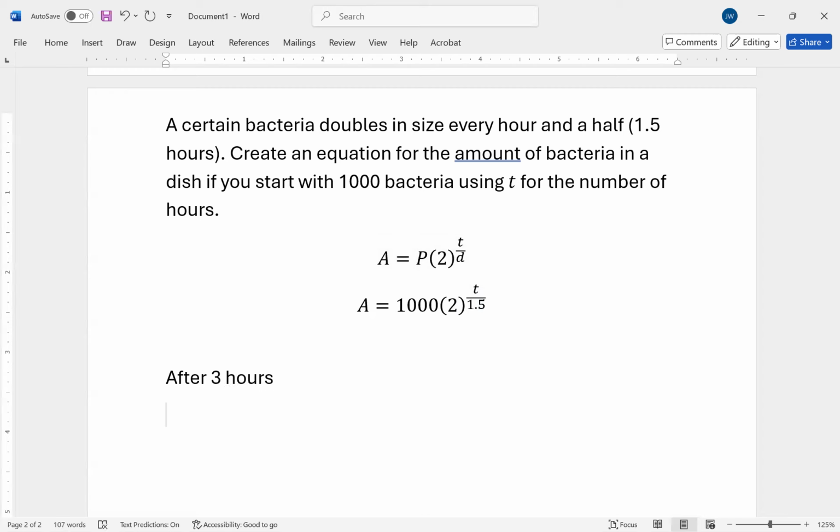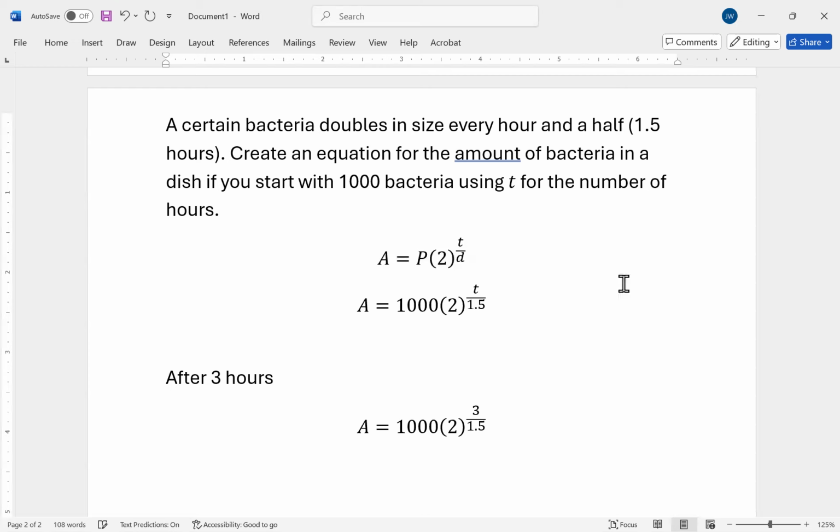The first question said, after 3 hours, how much are we going to have? Well, after 3 hours, that's a time input. So I would replace the T with the number 3. Notice that 3 hours is double of 1.5.